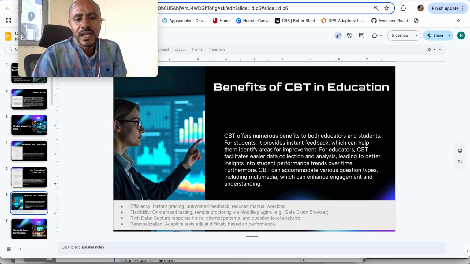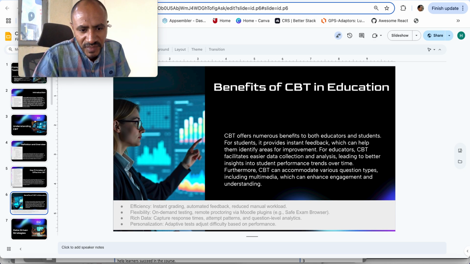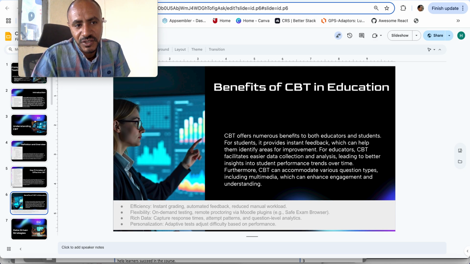CBT also advocates for personalization, even to the extent that we develop learning paths for a specific student based on their performance.